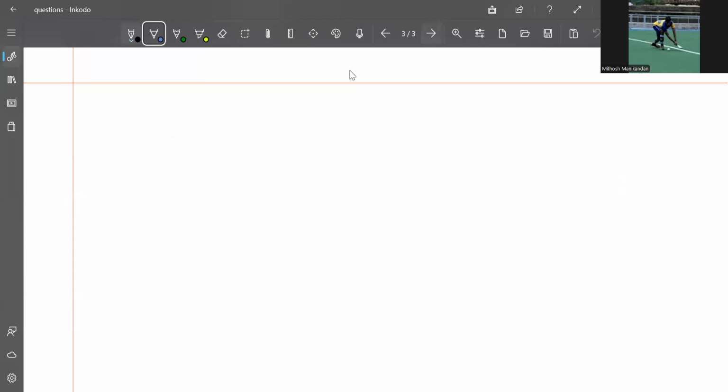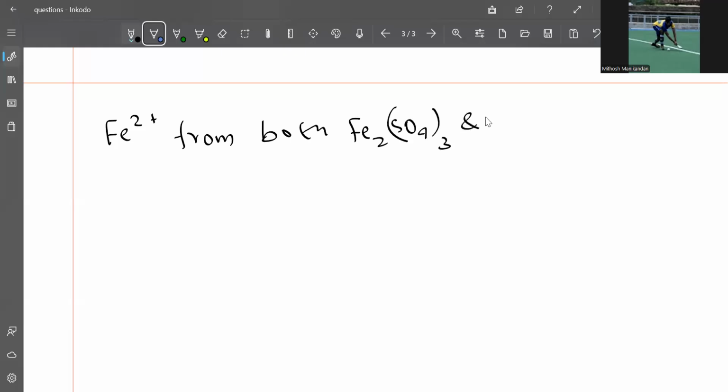Okay. So next you have Fe2+ from both Fe2(SO4)3 and FeC2O4, which was oxidized.